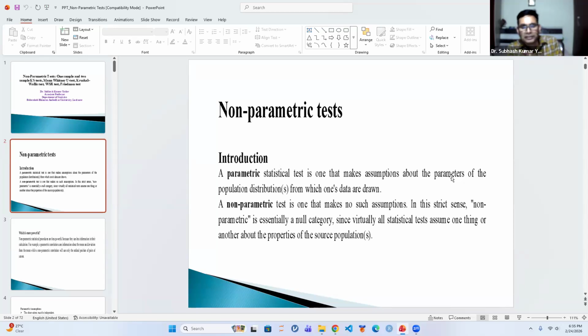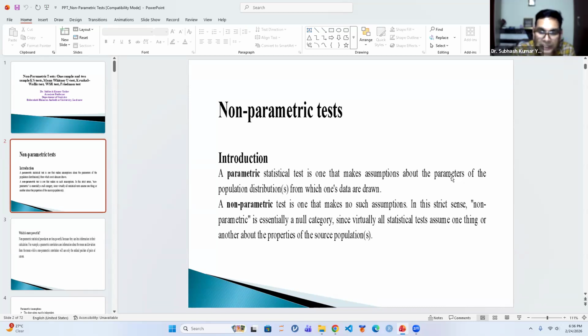And the counterpart of that, what one should do when the population is not normally distributed, there we use the non-parametric test, and since we don't have assumptions regarding the form of the distribution, that is why sometimes it is also known as distribution free test.